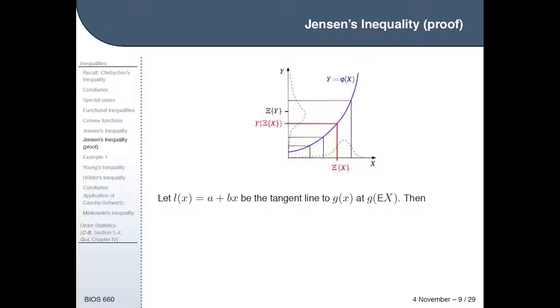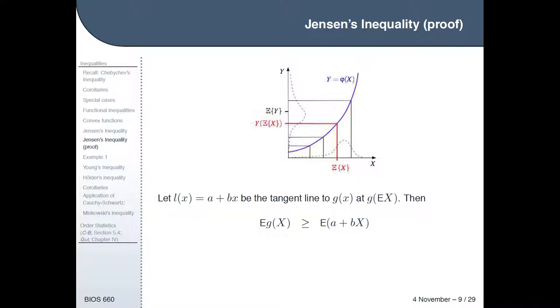So we find that tangent line, which we call L of x equals a plus bx. Then, since by definition a convex function is above all its tangent lines, the expected value of g of x is going to be greater than or equal to the expected value of a plus bx.